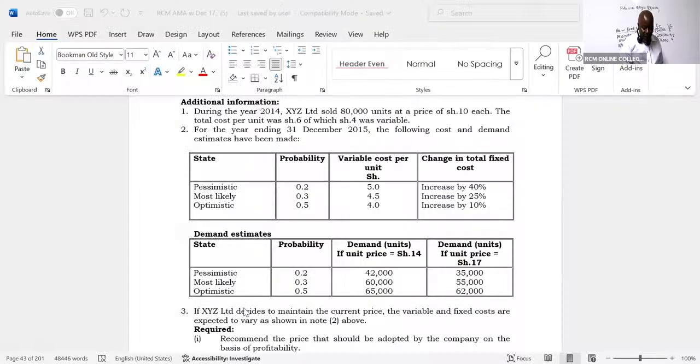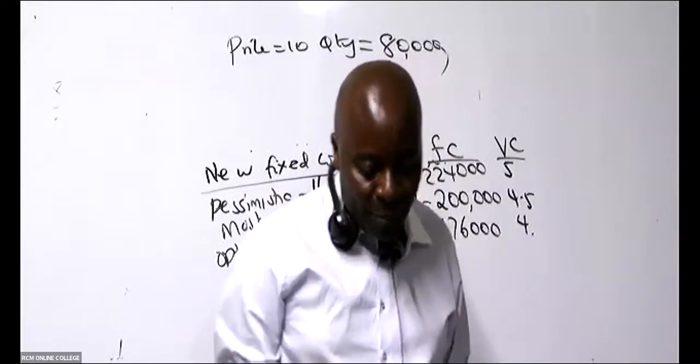You can see here, if XYZ Limited decides to maintain the current price, the variable and the fixed costs are expected to vary as shown in note 2 above. And there is nowhere they're giving us information about this 80,000 quantity varying. So not a problem, ladies and gentlemen. We are wise people. We shall come and provide the 3 profits.